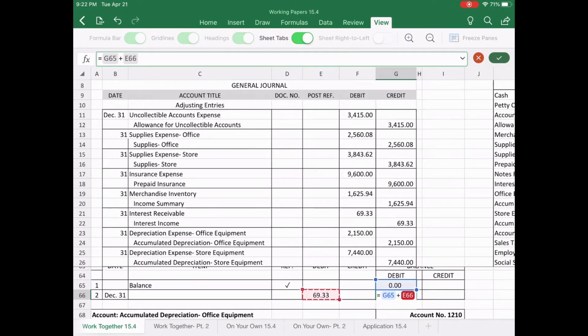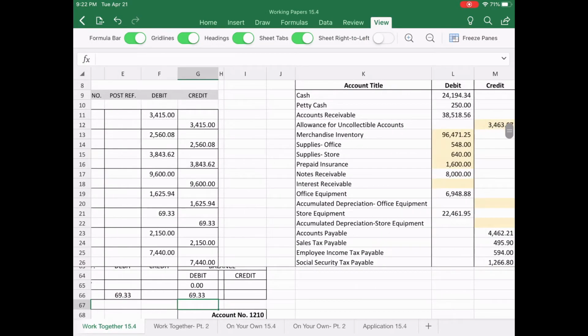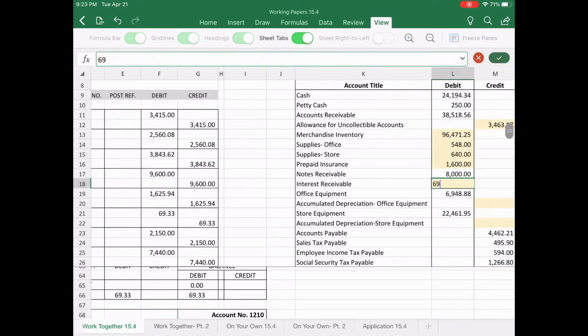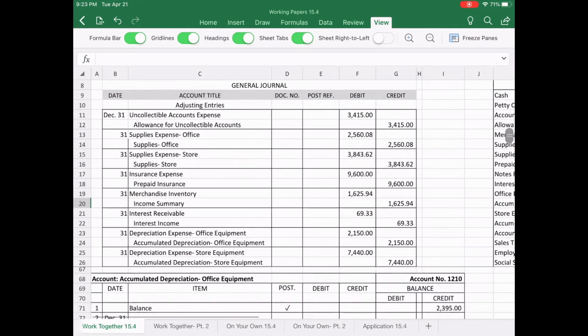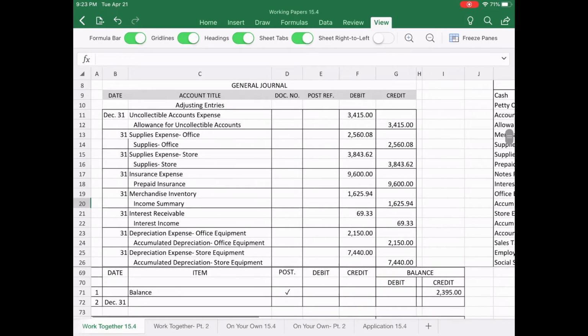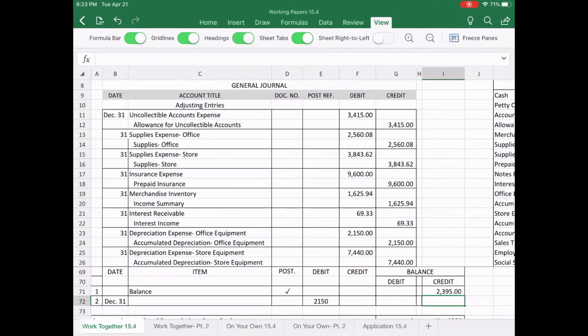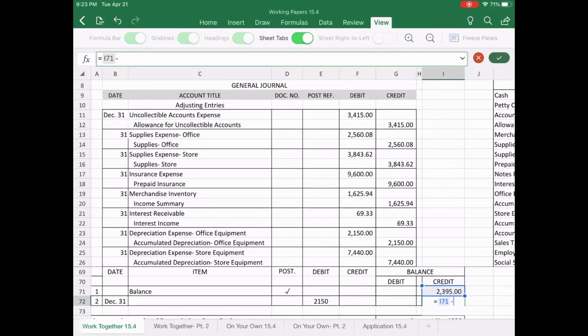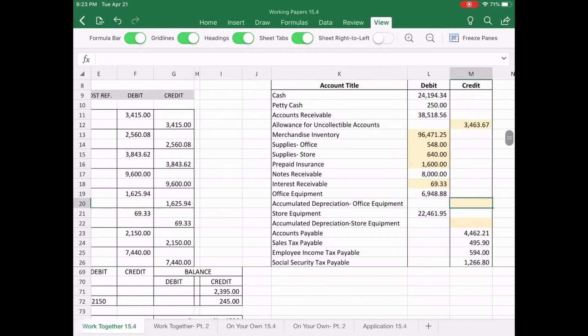We don't actually have a balance on this account yet, so $69.33 is going to be our balance. Accumulated depreciation office equipment, $21.50 in the debit column. One's a credit, one's a debit. We will subtract those two numbers. $245.